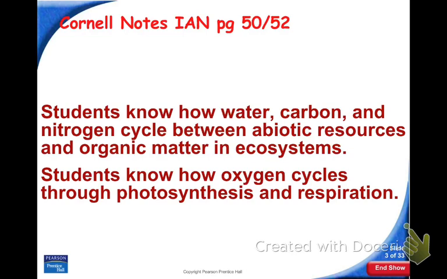and we're going to be looking at how water, carbon, and nitrogen and oxygen cycle between the abiotic parts of an ecosystem and the biotic parts. You know that abiotic means what? What does abiotic mean? Non-living. So we're going to be looking at how matter cycles between the non-living parts of an ecosystem and the living parts of an ecosystem.